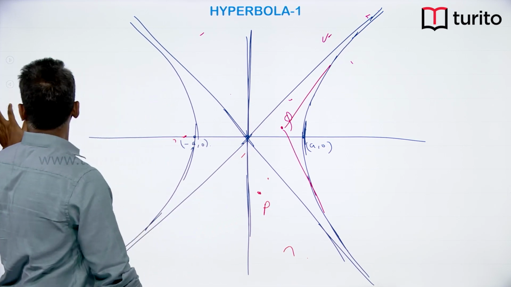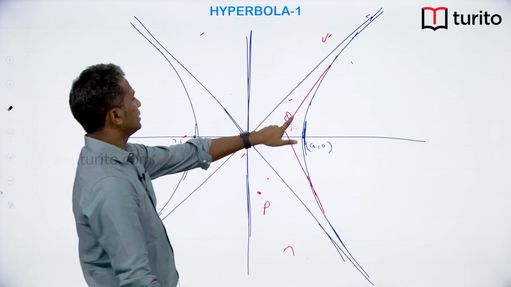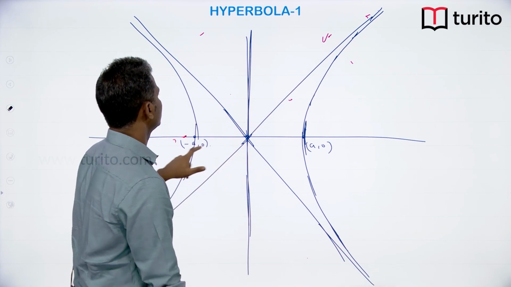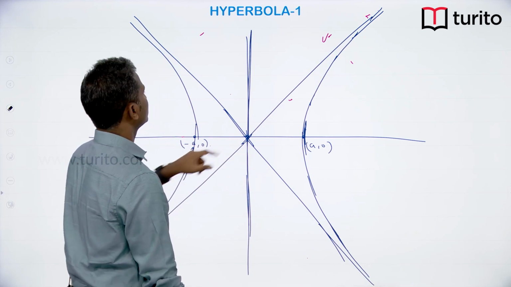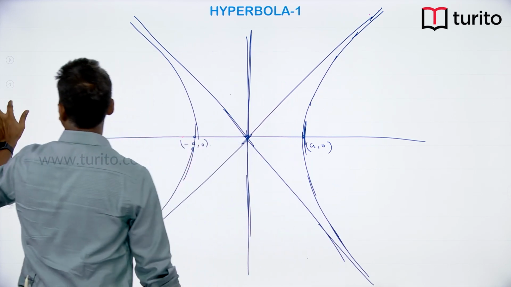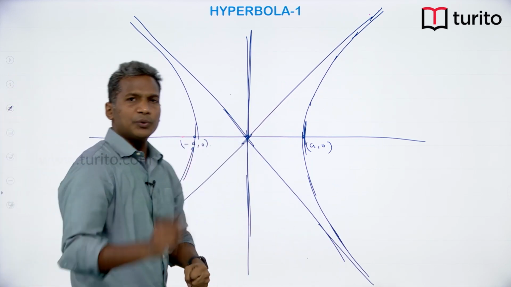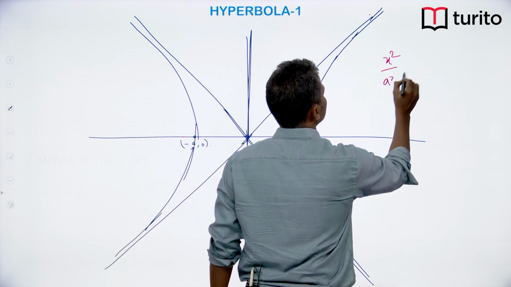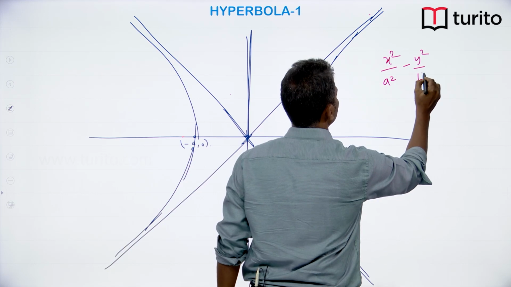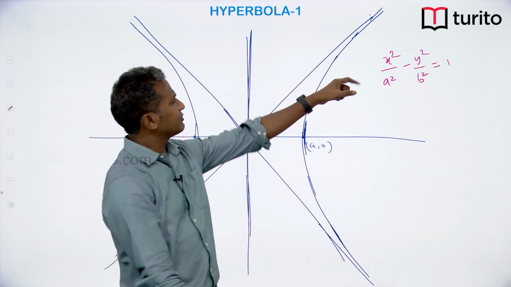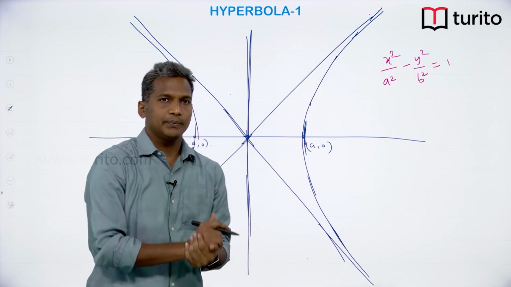Now, let us try to understand the equations of these asymptotes. Suppose I have the equation of the hyperbola as x square by a square minus y square by b square equal to 1.